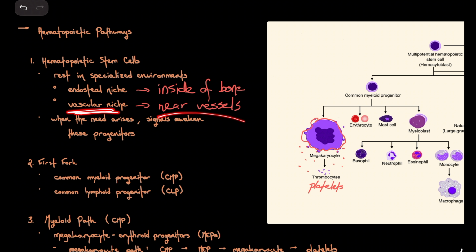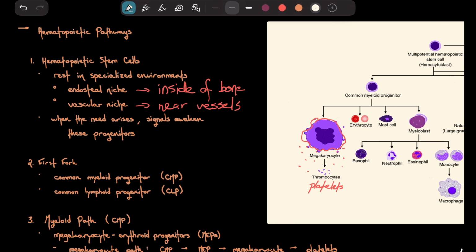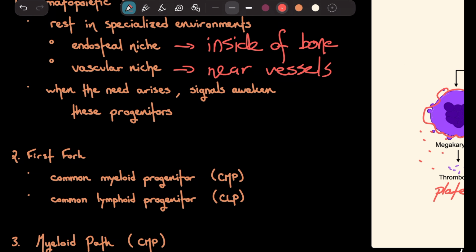All right. When the need arises, signals will tell these progenitors. Progenitors is just a fancy word for the top of the tree, the precursors, the top ancestor.